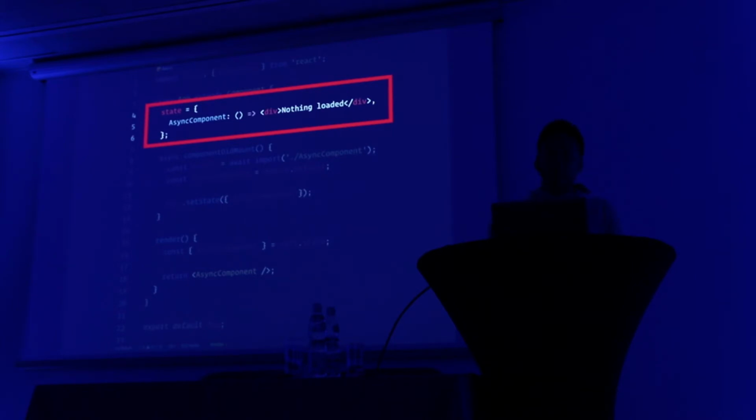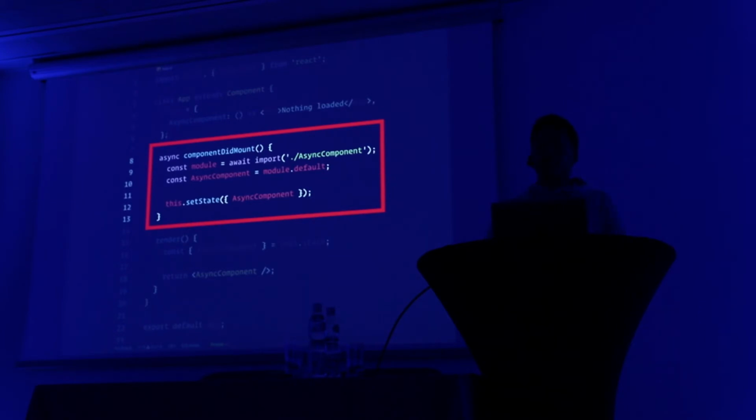In our component, we define an initial state called asyncComponent, which is, in this case, a function by default, returning a div element that indicates that nothing is loaded. React class components have this pattern called lifecycle hooks, like componentDidMount. It will fire when the component has successfully mounted. So in componentDidMount, we call the dynamic import function and pass our async component as an argument.